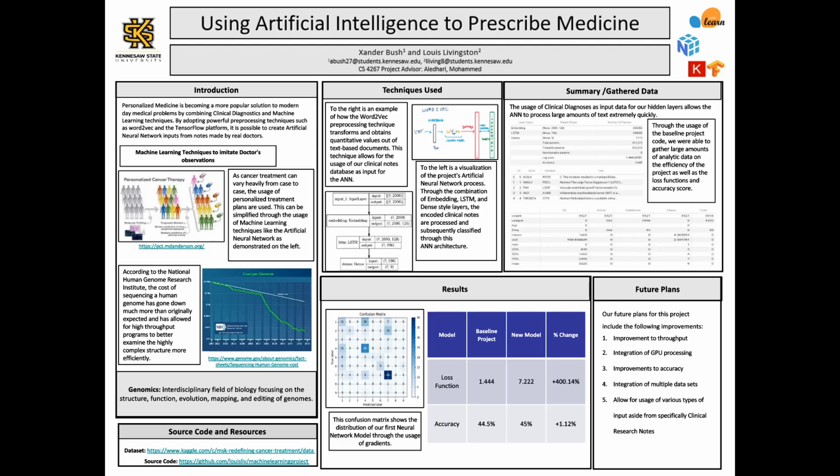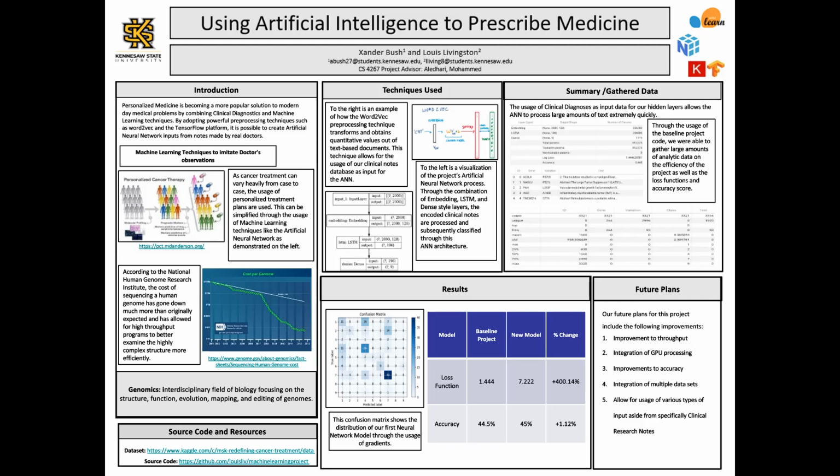Anything else we tried lowered the accuracy. So even marginally, at the sacrifice of raising the accuracy, we had to increase the loss function. But that unfortunately was a side effect of messing around with the LSTM layer to get to this point. And then we will move on to the future plans, and I'll let Xander discuss those.